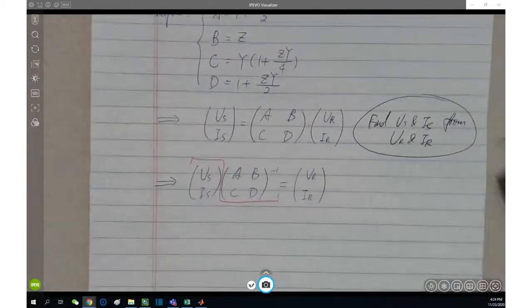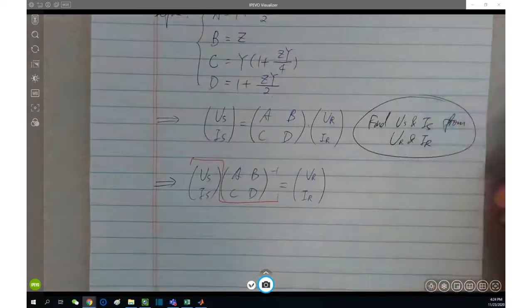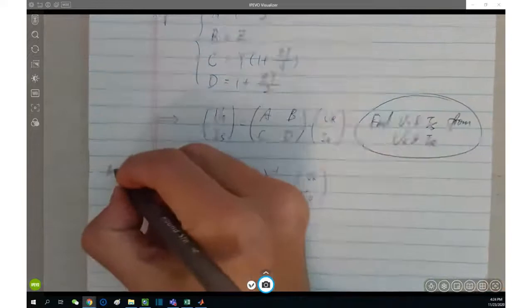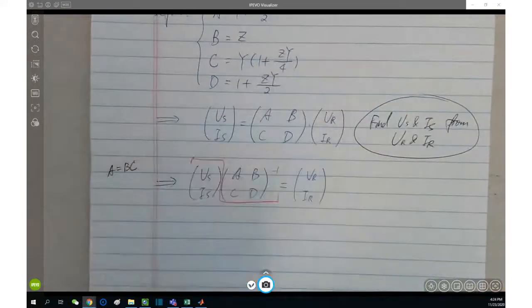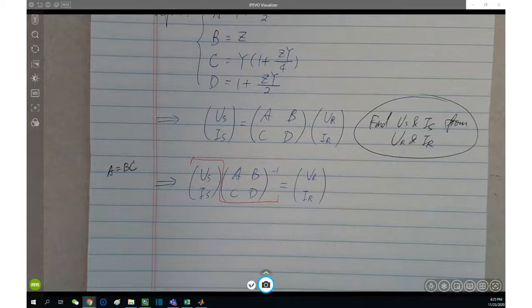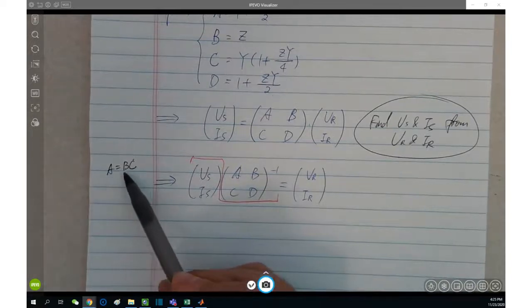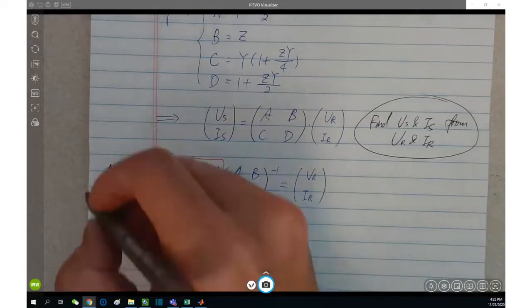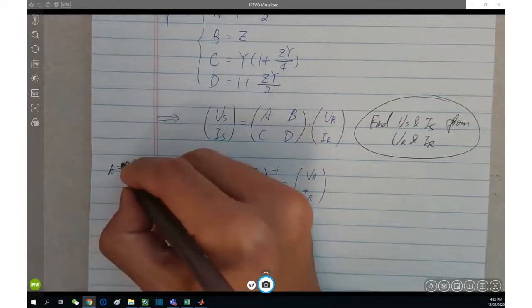Here is a little bit of matrix math. Say we have matrix A, which equals matrix B times matrix C. And if we want to find the matrix C, what do we do? Left multiply by B inverse.